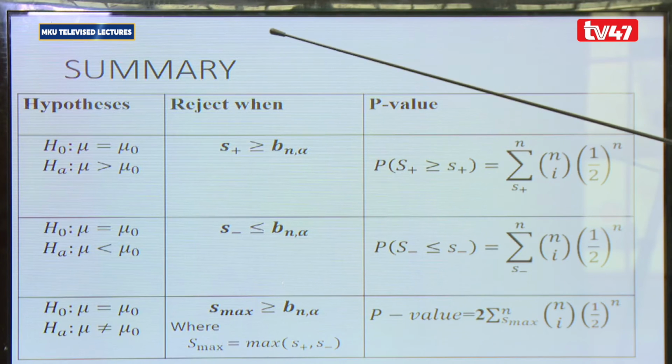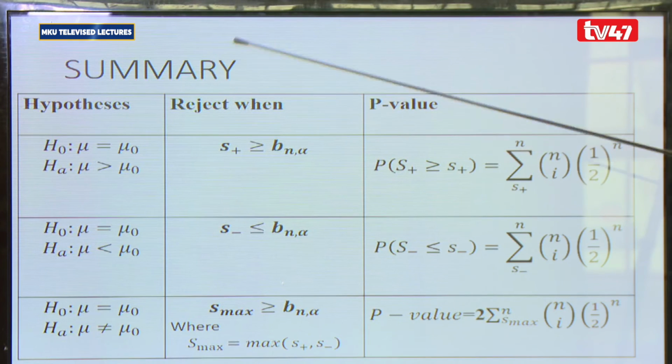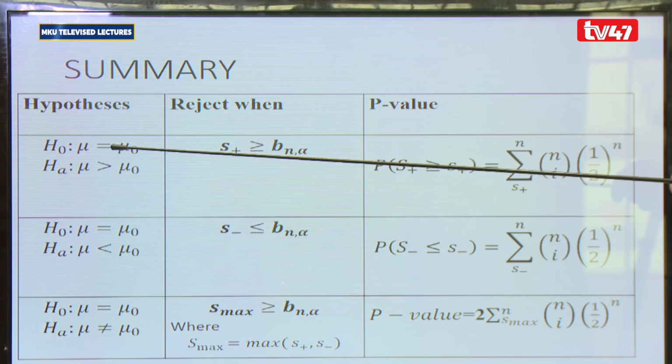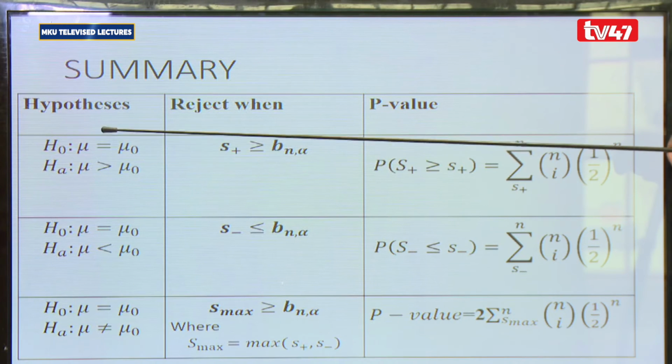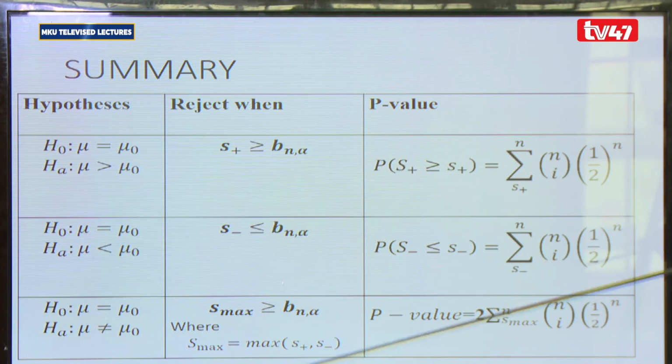The summary for testing non-parametric using the sign test, we have the various hypotheses. This is the null. It is always about the population parameter, and the alternative here is greater.